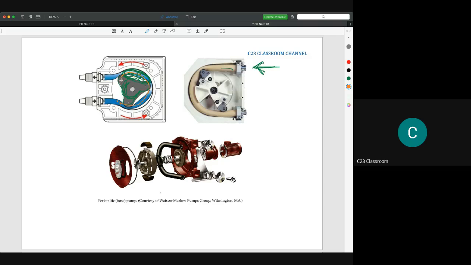You could imagine this one. And then to reduce the contamination probability, we change the hose every time we use this machine. It means we cannot use a centrifugal pump in blood dialysis.